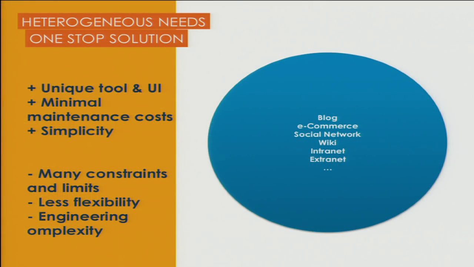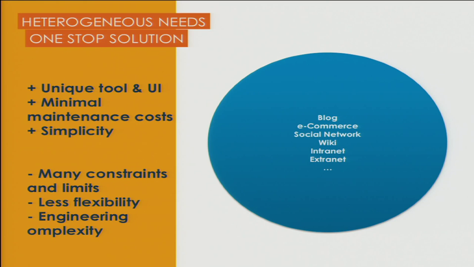You could also say, okay, I will just build one website and everything will be in that website. It's kind of making one big website with many extensions, for example. You have unique tools, you have a unique user interface, so maintenance cost will be quite low.